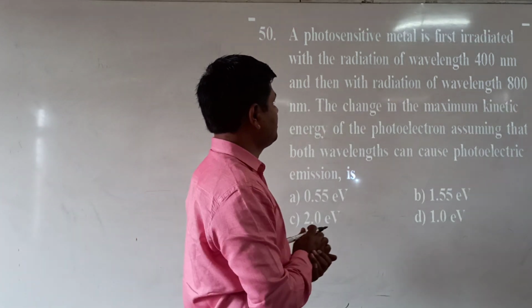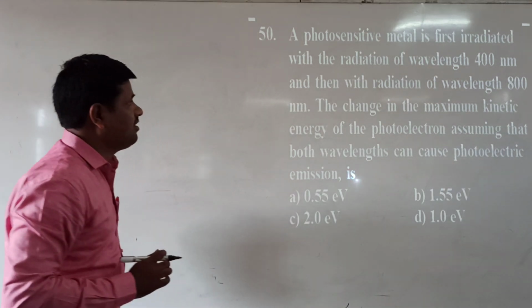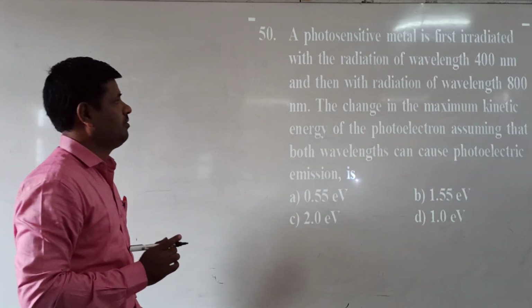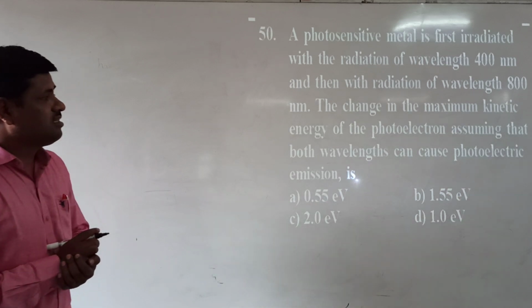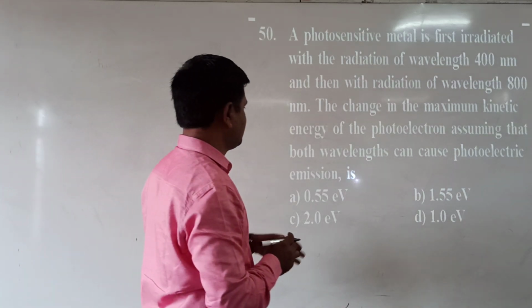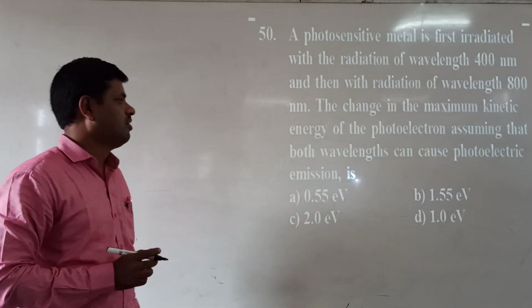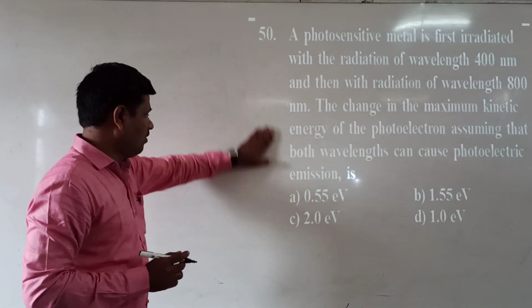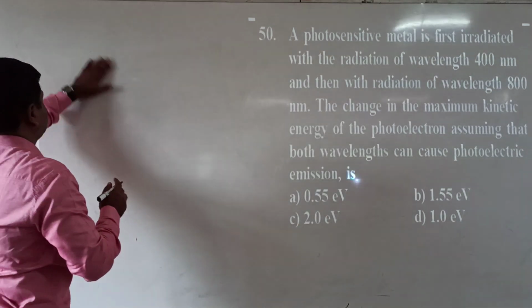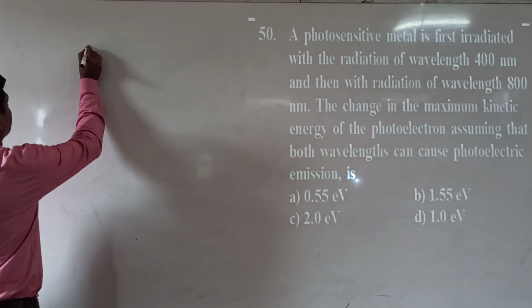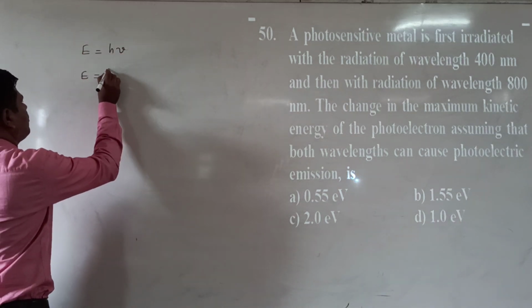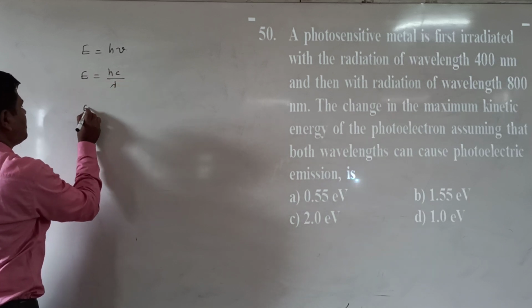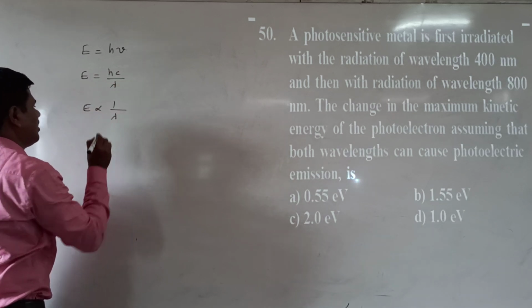A photosensitive metal is first irradiated with radiation of wavelength 400 nanometers, and then with radiation of wavelength 800 nanometers. The change in the maximum kinetic energy of the photoelectron is asked, assuming both wavelengths can cause photoelectric emission. First of all, the general formula is E equal to hc by lambda, so E is proportional to 1 by lambda.